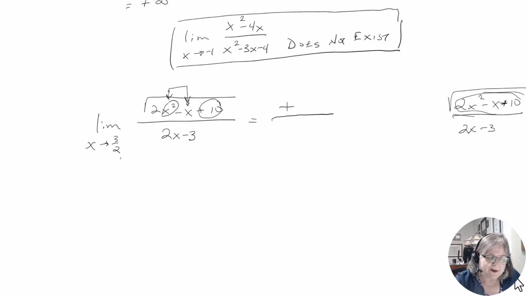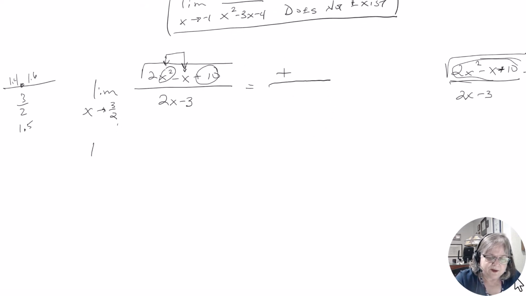So let's talk about 3/2. And we need a number to the right. This is 1.5. And so to the right would be 1.6, and to the left might be 1.4. But when you put that in there and you do the math, this is going to be a positive number over something.